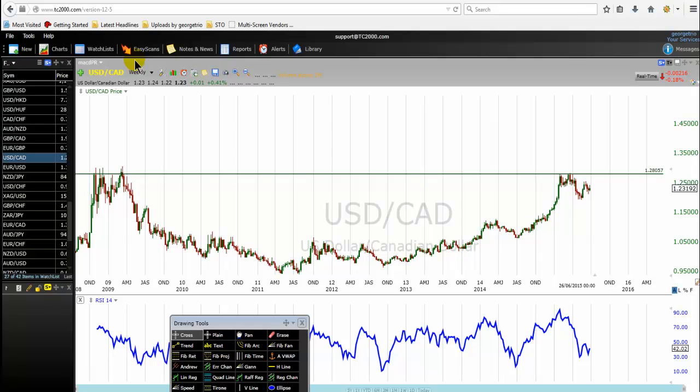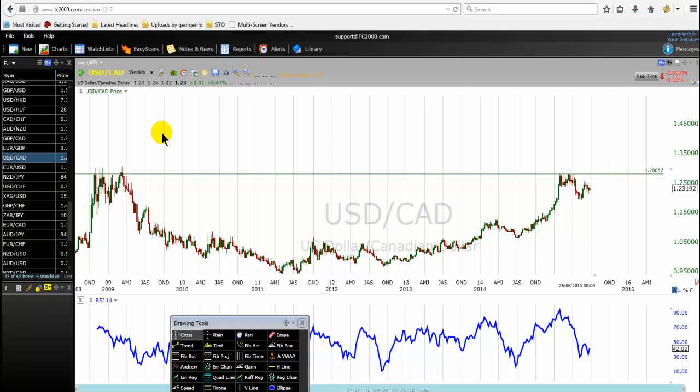Okay? It makes sense? And if crude oil is going up, the Canadian dollar will become strong. Therefore, the dollar will become weaker compared to the Canadian dollar. Therefore, this US dollar currency pair will go down. So crude oil is going up, the Canadian dollar will go up, but the US dollar Canadian dollar will go down.